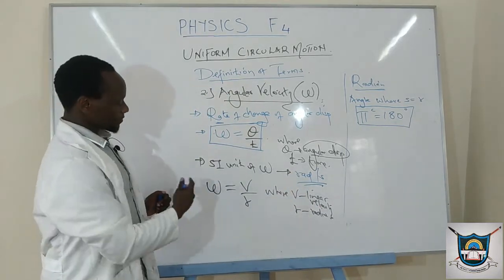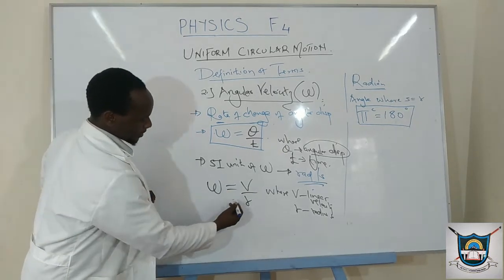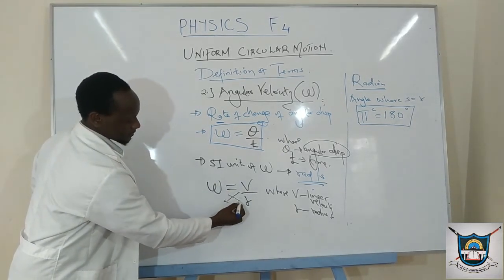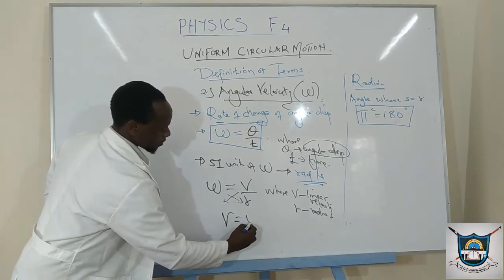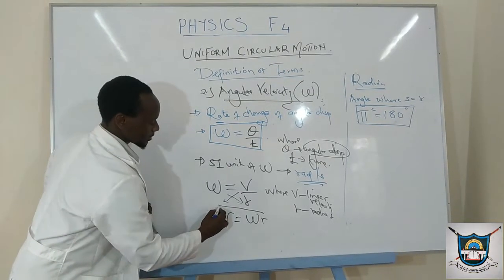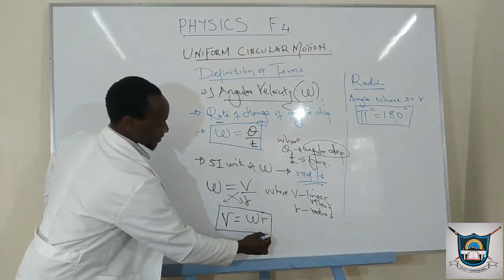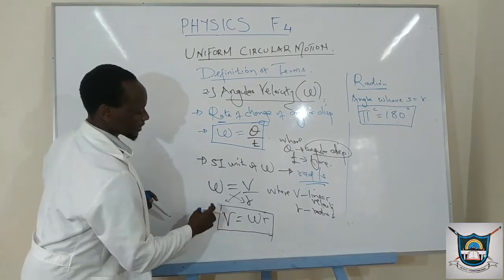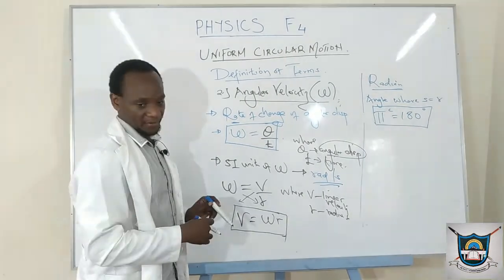If we cross multiply this formula, we can make V the subject. Now V equals omega R, where V is the linear velocity, omega is angular velocity and R is the radius of the circular path.